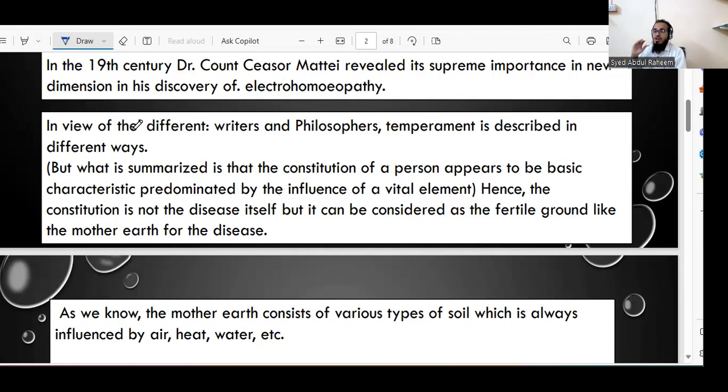Then there are other persons who are purely sanguine temperament patients, and others who are purely lymphatic temperament patients. Their nature may be the same, but there is only a difference of 10 to 20%.